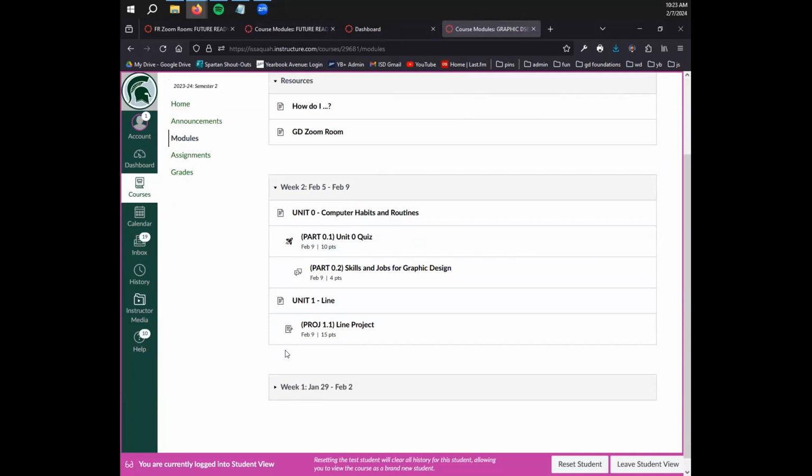So graphic design, this first week, we've started 2 units. We did a unit 0, just kind of going over the same things that I'm showing you now. And there's a staircase of the order of events that you need to do your certain assignments. 0.1 comes before 0.2. They're both related to unit 0, and they're both in the participation category. It's designed with the purpose of very quickly understanding how much this assignment is worth of your grade, what unit it is, and what step it is on the unit.